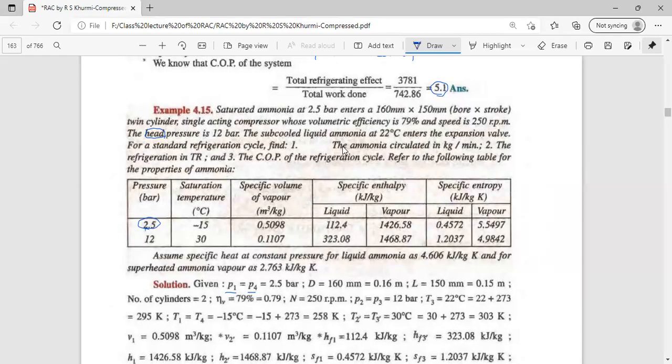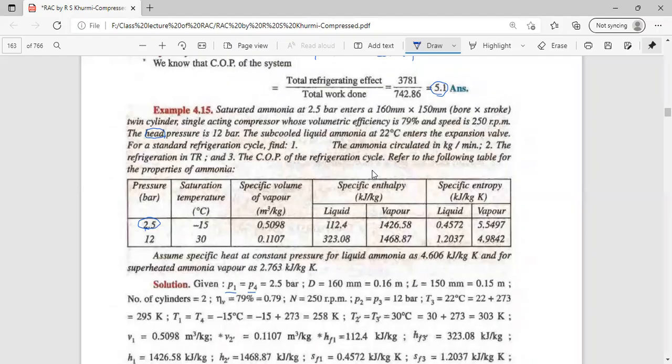Now next comes the diameter, given here as 160 by 150 millimeter. So diameter 160 millimeter is equal to 0.16 meter, and length 150 millimeter, the stroke length, or the amount of length this compressor piston is moving up and down.